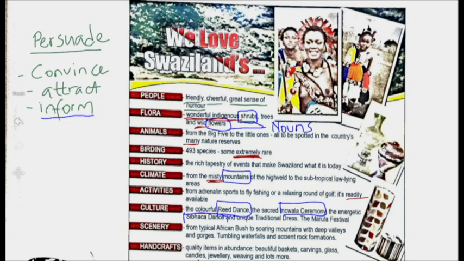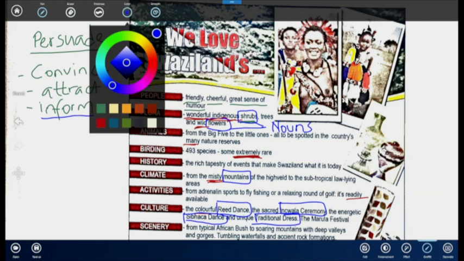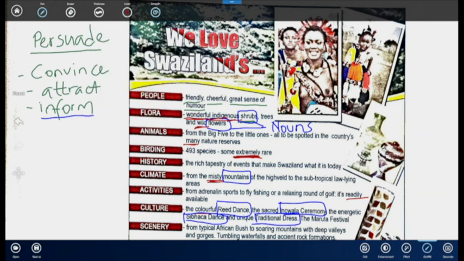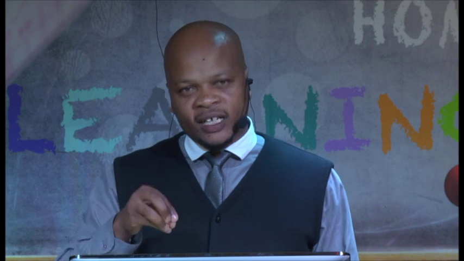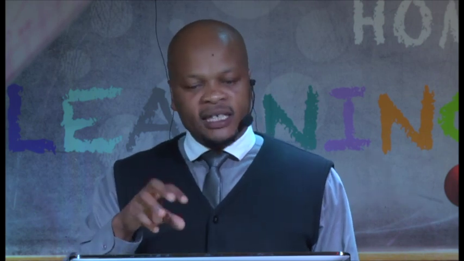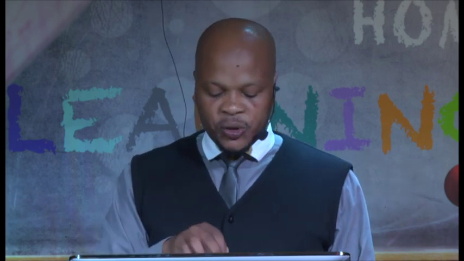Sipaka dance, it's a noun. Traditional dress, noun phrase. All those are nouns. But the one thing that I want us to look at is how these noun phrases have been made interesting. And what is the function? What difference does it make to include those words?